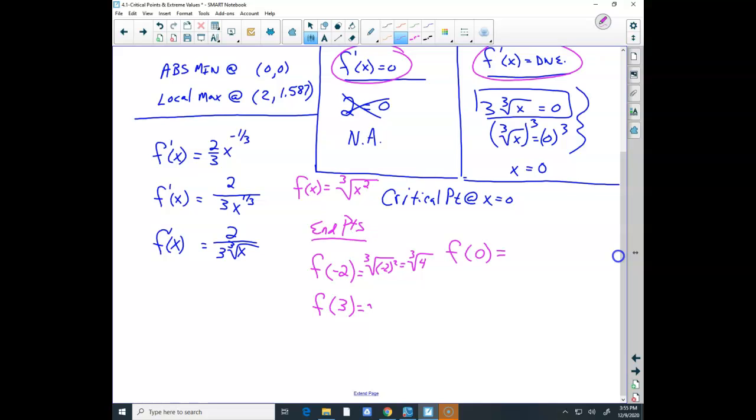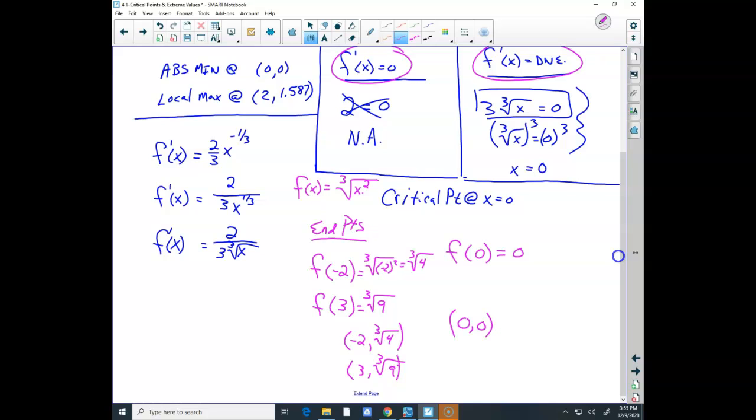And at 3, that's the cubed root of 9. So I have the point negative 2, cubed root of 4, the point 3, cubed root of 9, and when I plug 0 in, I have the point 0, 0.